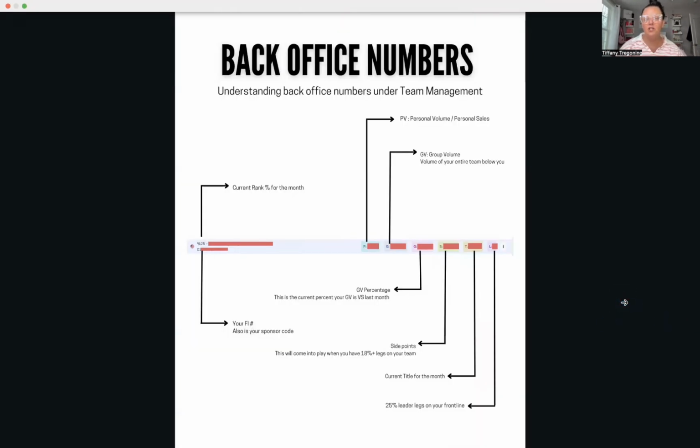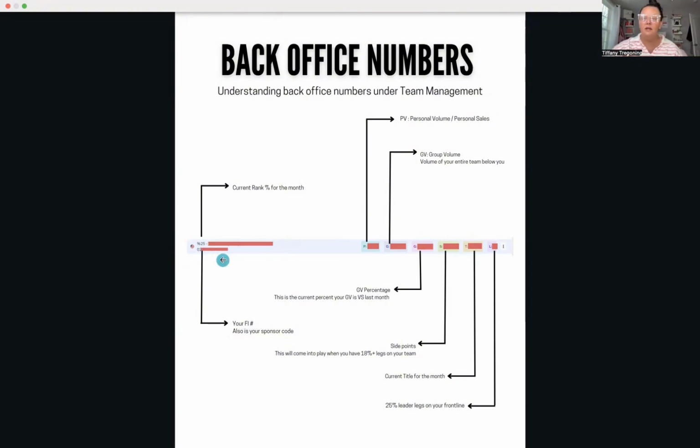The first thing that I want to show you is when you go into your back office and log into your pharmacy account and you go to team management, this is where you're going to see not only your numbers, but you're going to see numbers of any team that's underneath of you as well. So I created this graphic so that this is a little bit easier to understand where these numbers are coming from. So you're going to see for you or anybody underneath of you, the name is going to be right here.